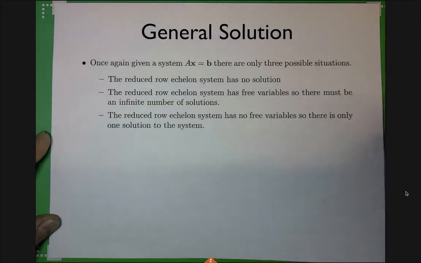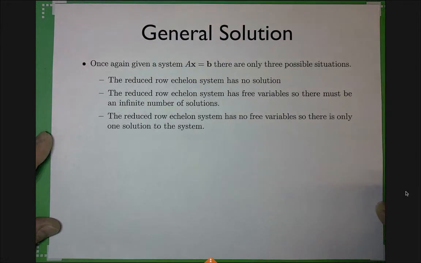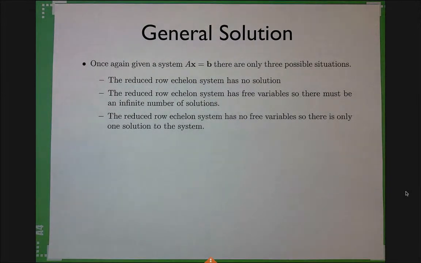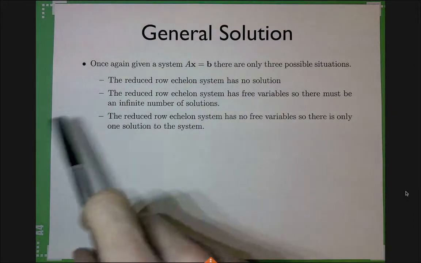So let's summarize this. In general, if I have an arbitrary system, rectangular, it doesn't even matter if it's short and wide or thin and slim, there are two possibilities.